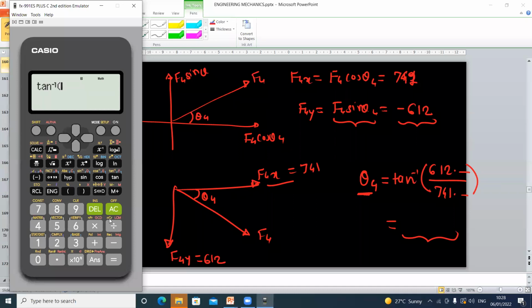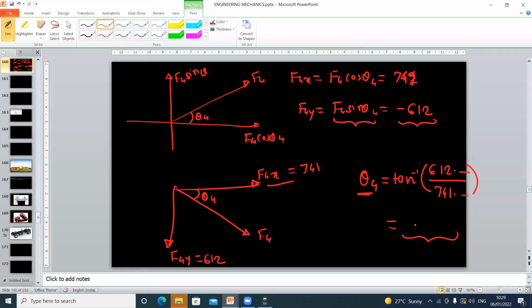So shift tan inverse, this is 612 divided by 741, approximately 39.55. Okay, now you can show this force in the original diagram.